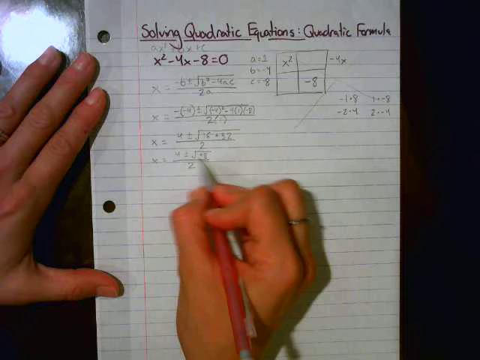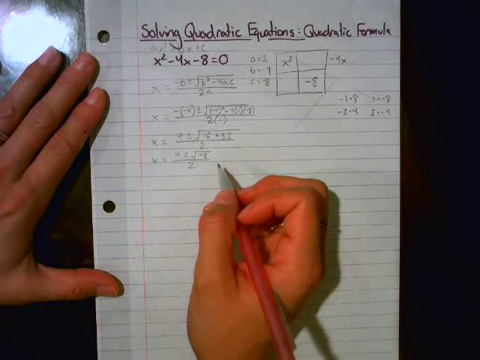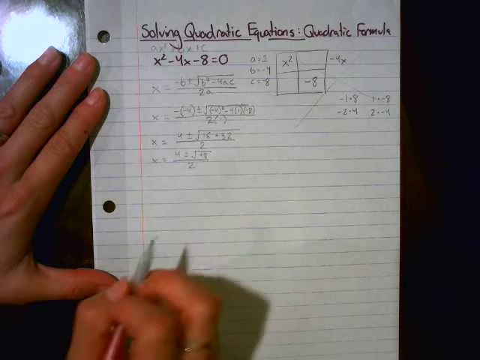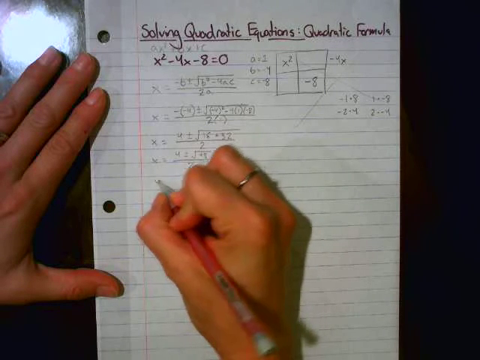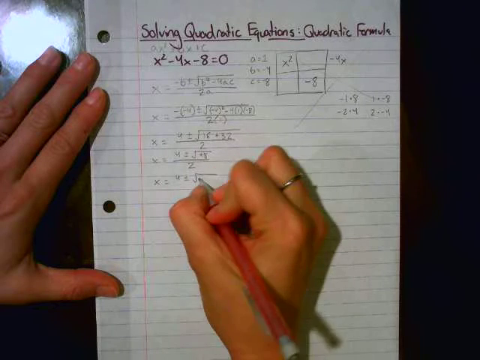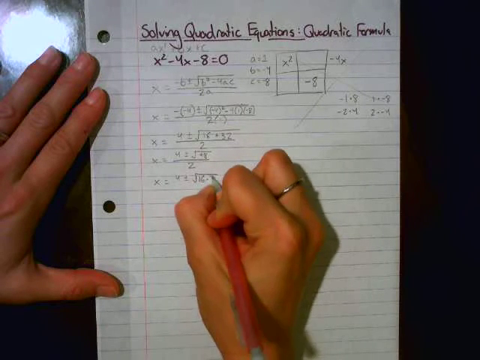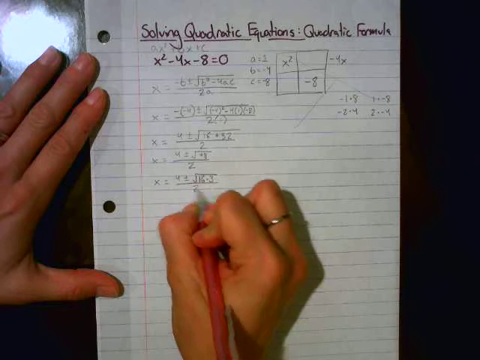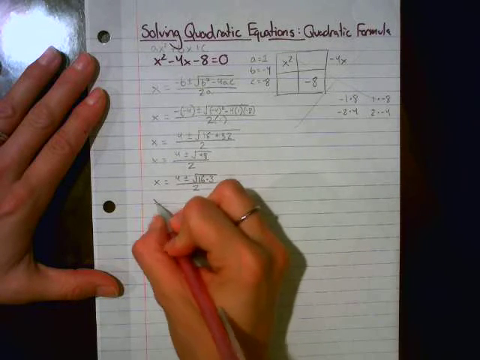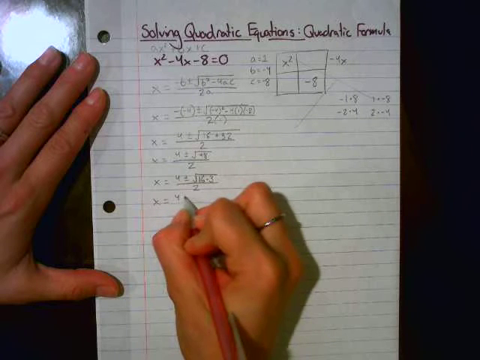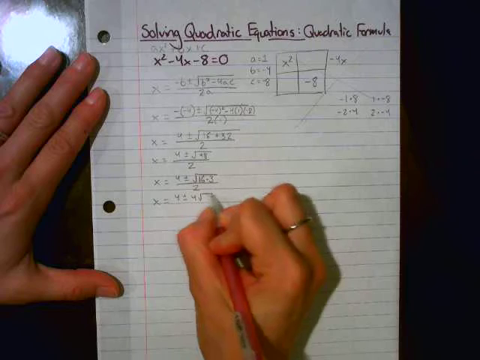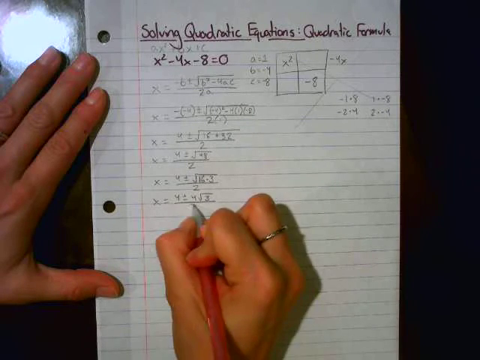If I think about a factor pair for 48 that has a perfect square, I could do 16 times 3, so x equals 4 plus or minus the square root of 16 times 3, divided by 2. Now I can take the square root of that 16, so x equals 4 plus or minus 4 square root of 3 all over 2.